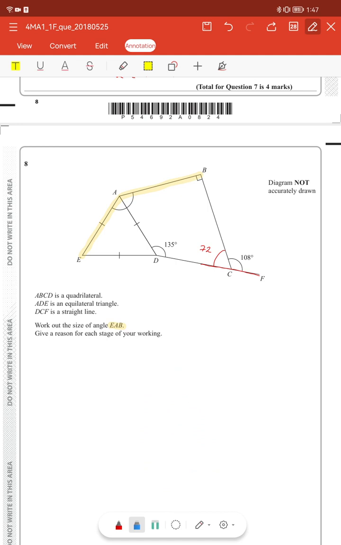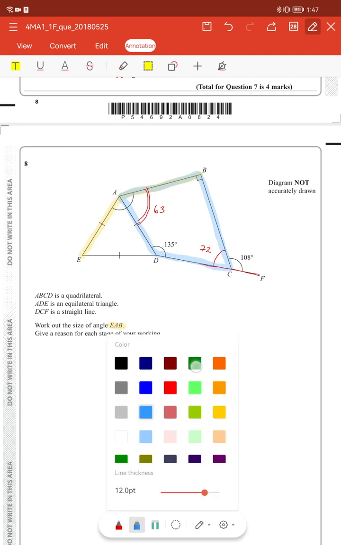And then this shape here is a quadrilateral. So we know that this angle here must be 360 minus 135 minus 72 minus 90, which is 63.